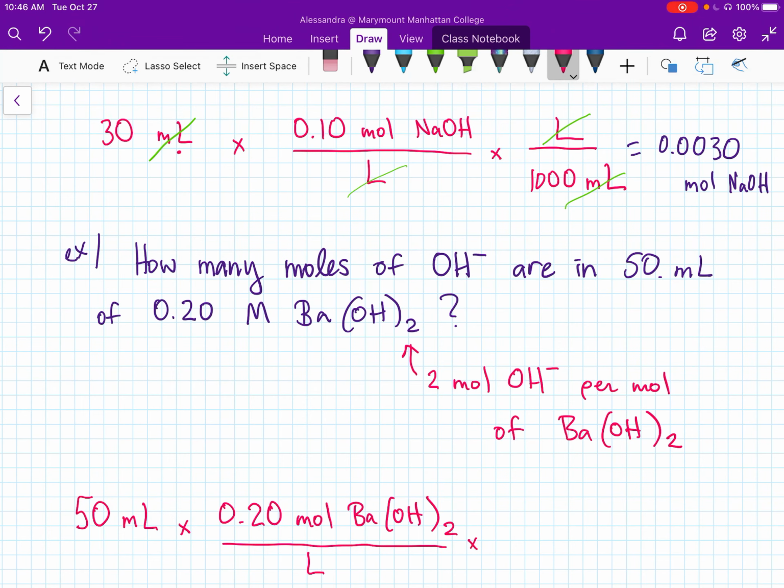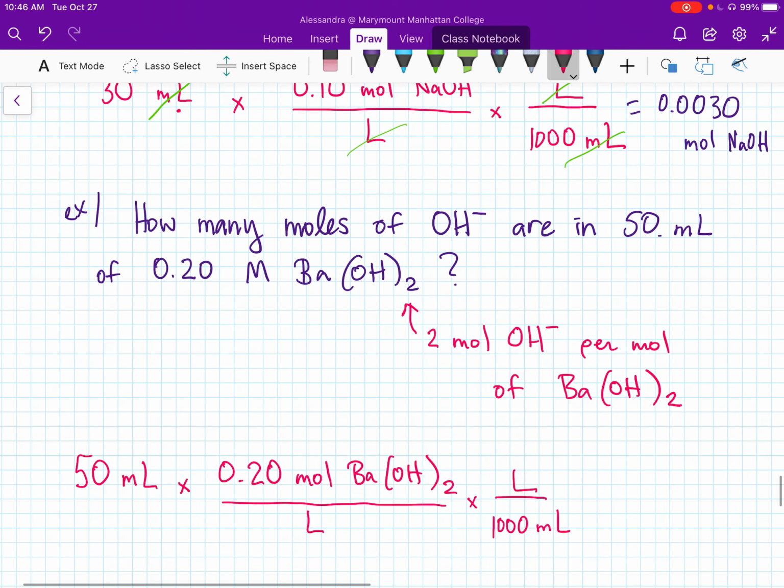We need, once again, to convert milliliters to liters. So there's my conversion factor. But here we need one more thing. Because we're being asked for moles of hydroxide, we need to take into account the fact that we're going to have 2 moles of hydroxide produced for every 1 mole of barium hydroxide that dissolves.